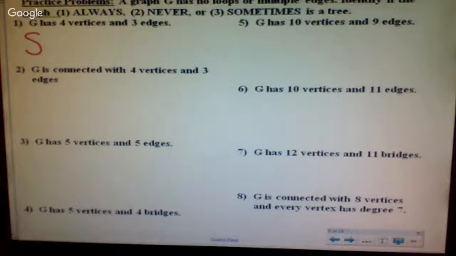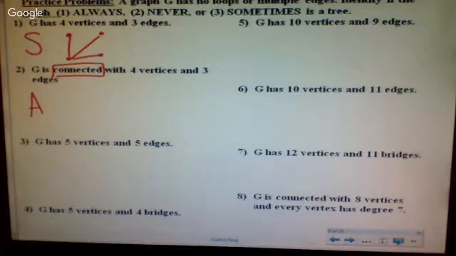Take a look at number 2 compared to number 1. Number 2 is going to be an always. What does number 2 have that number 1 does not? Not connected. Oh. This tells me connected. This doesn't. So I could have one that's completely connected, like this.